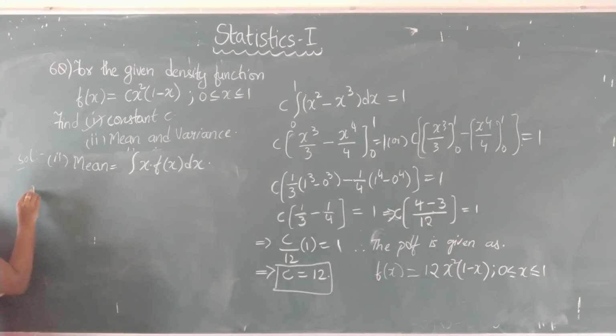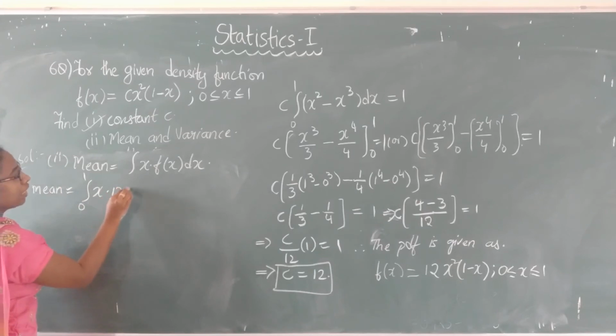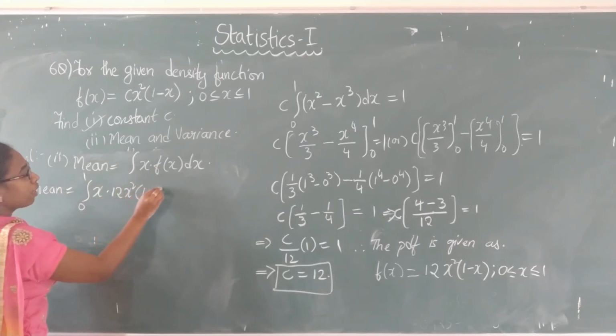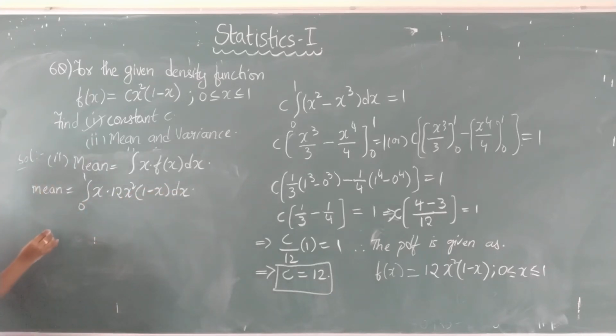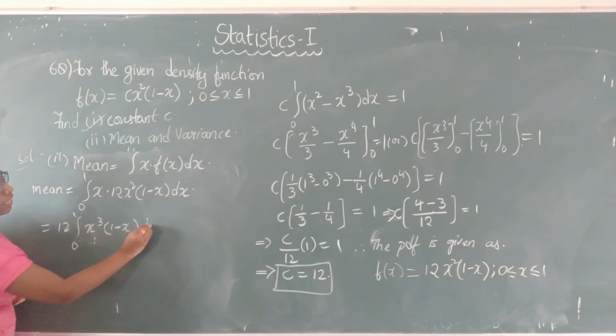Substitute that value. Mean is equal to the integral, what are the limits? 0 to 1. X into, what is the f of x value? 12 x squared into 1 minus x dx. Now what is the constant here? 12 is the constant, so it goes outside. 12 into integral from 0 to 1 of x into x squared, which is x cubed, into 1 minus x dx.